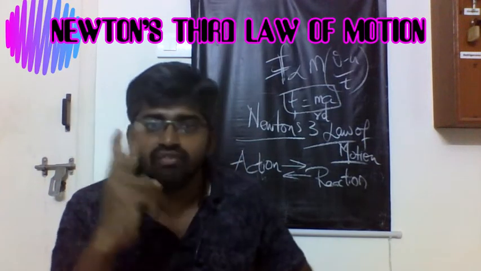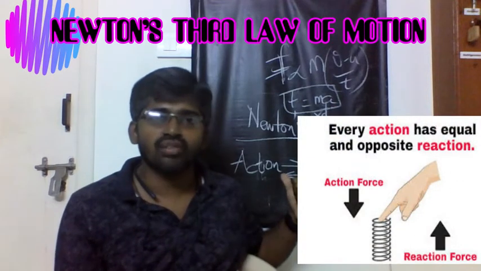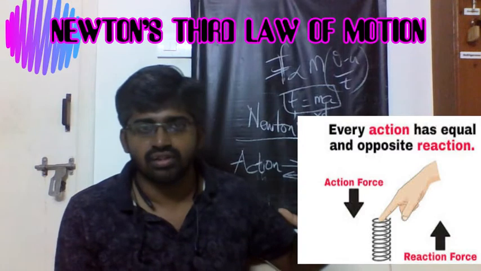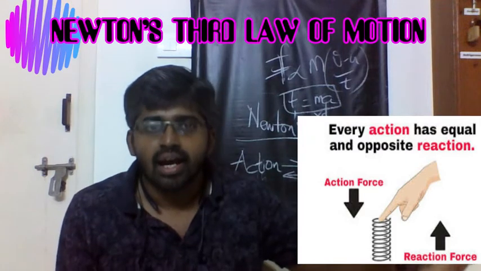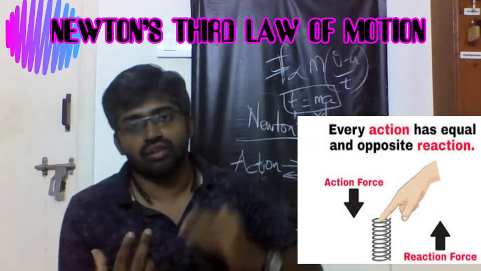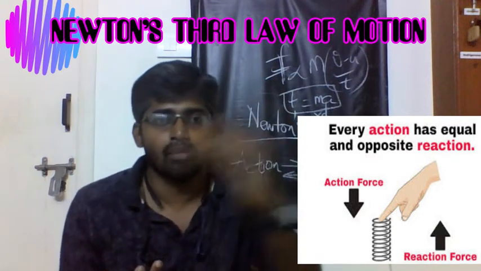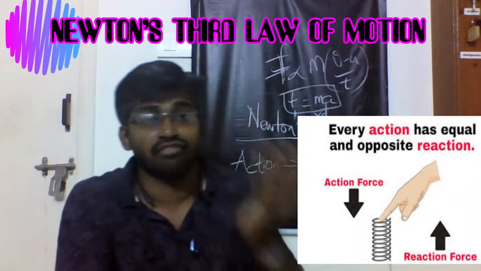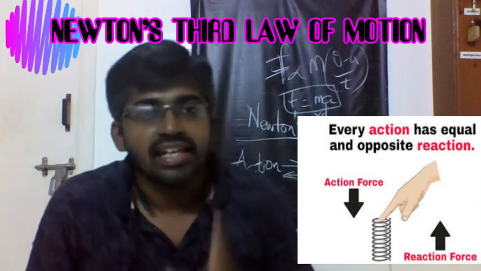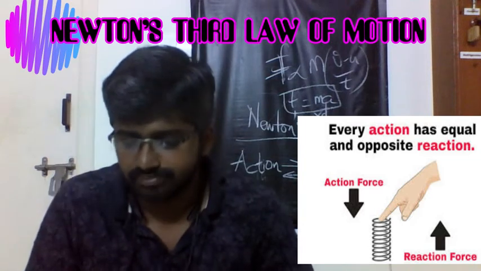Remember, two different forces. One force is the action force on the object, and the second force is the reaction force from the object. So, to the object and from the object. This is Newton's third law of motion.